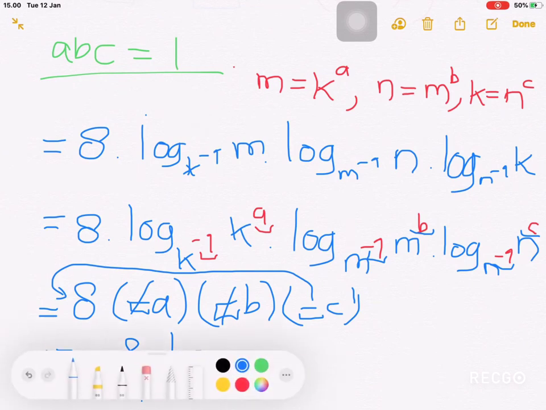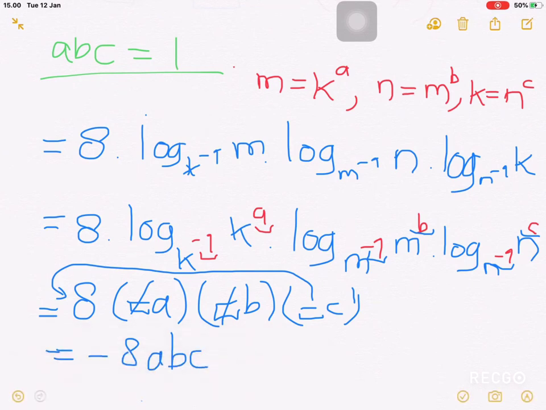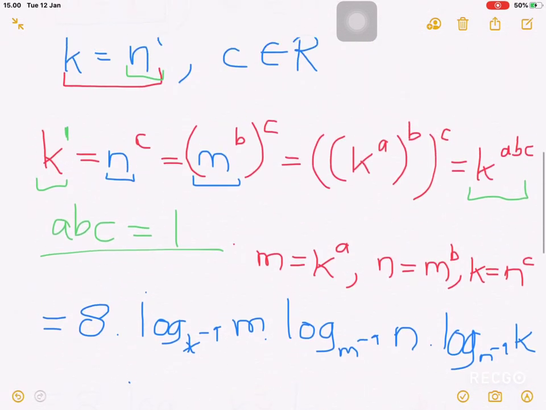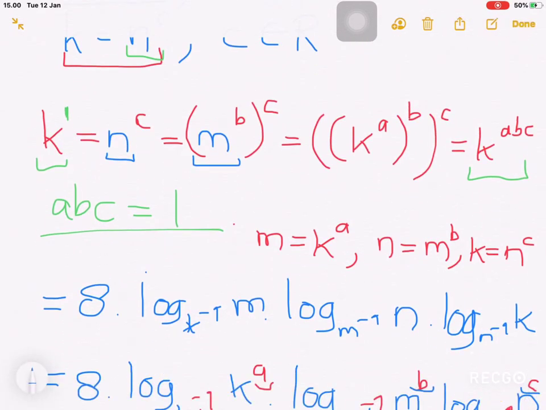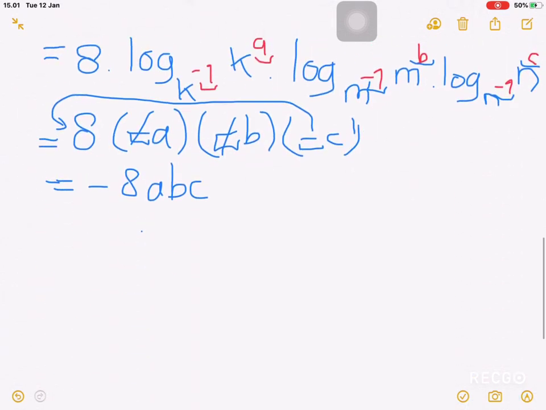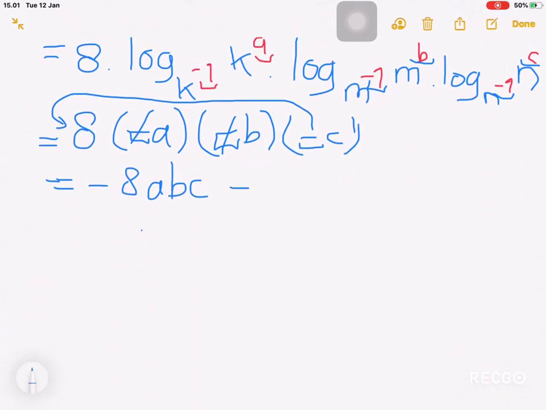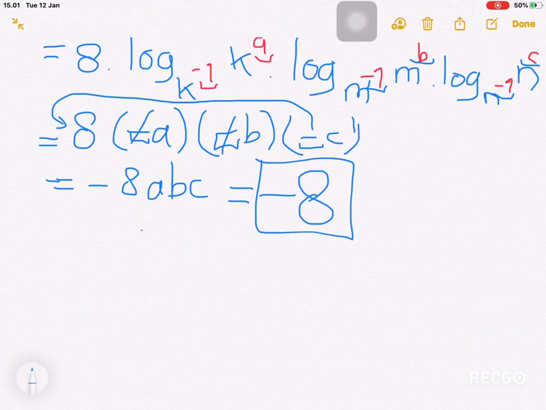And what's a times b times c? It's equal to 1. So what it tells us is this whole logarithmic expression is equal to negative 8, and this is the answer right here.